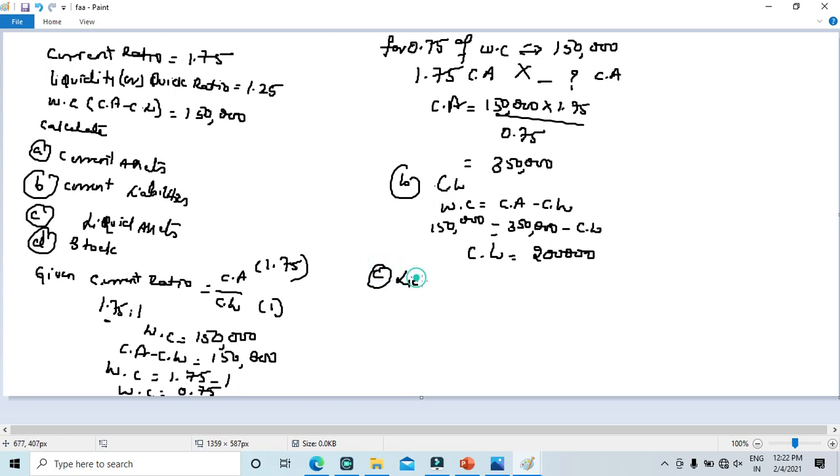The only tricky part in this problem is that he has given you the working capital information along with the current ratio and quick ratio. You just need to substitute the ratios and get the working capital. For 0.75 of working capital, 1,50,000 it is, so for 1.75 of current assets, how much will it be?